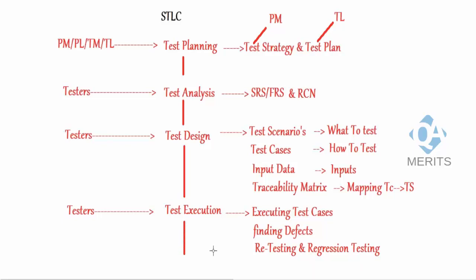Then the final one is test closure. In the test closure phase, who are the people involved? The test leads are involved. What will they do? They are preparing the final level summary reports.